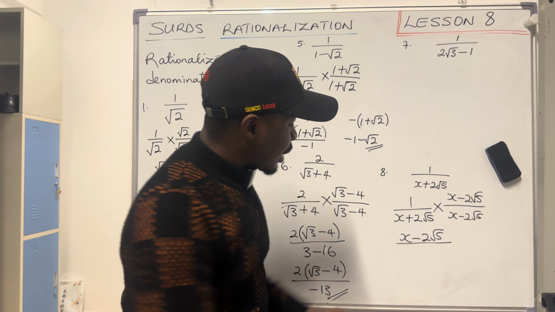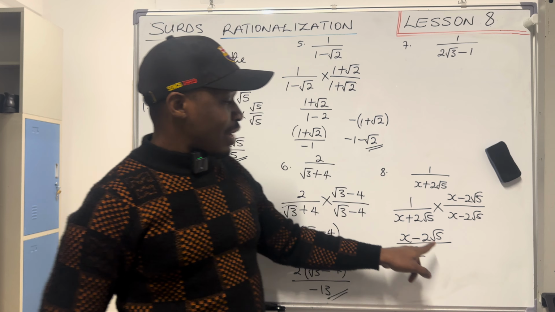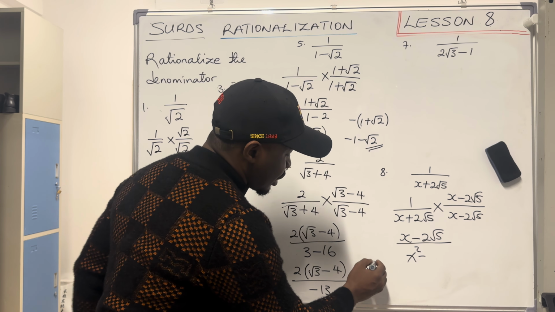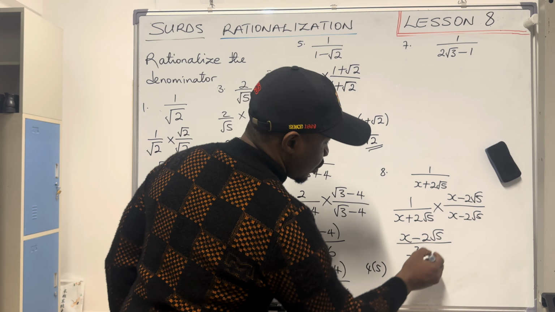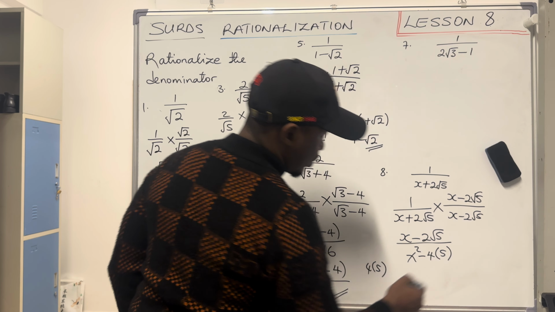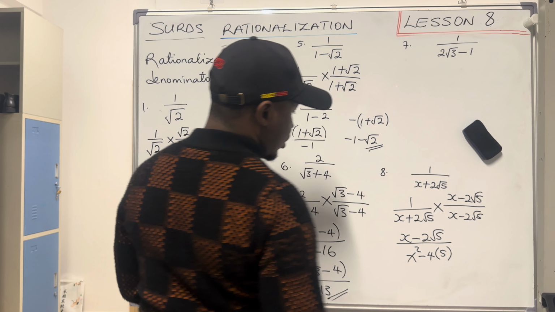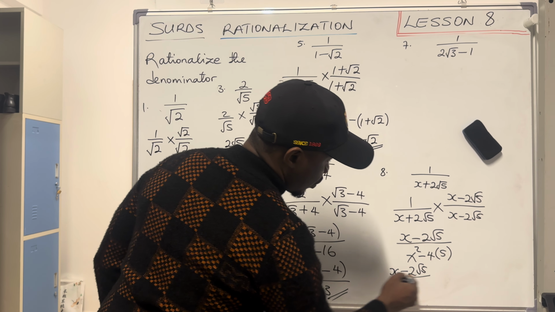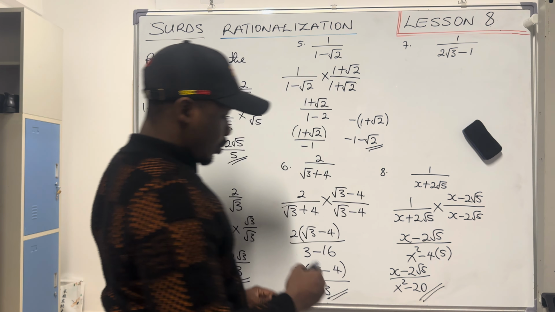So x times x is x squared minus 2 root 5 times 2 root 5. 2 times 2, 4. Root 5 times root 5 is 5. So we say x minus 2 root 5 over x squared minus 20. So this is what we have.